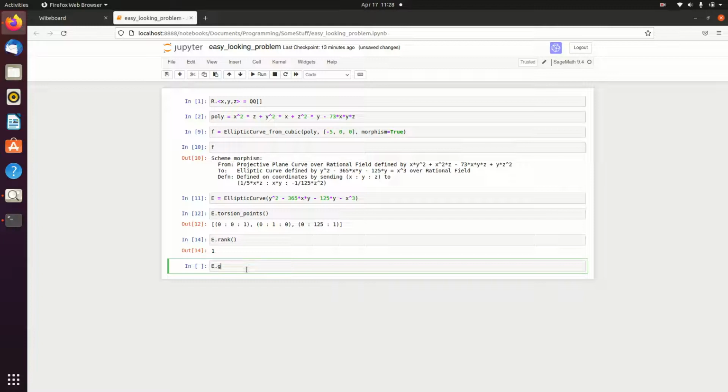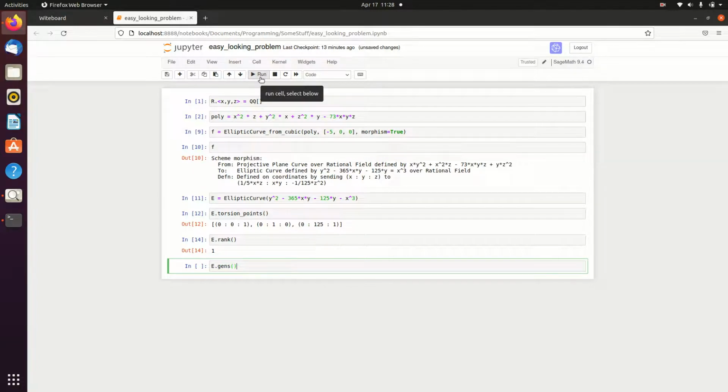And now that we know that the curve has rank 1, as a reminder, you might want to look up the Mordell-Weil theorem, and that says that the rational points of an elliptic curve form a finitely generated abelian group.